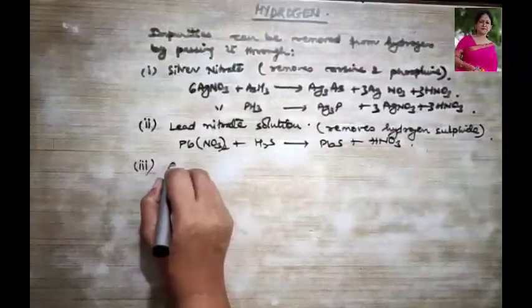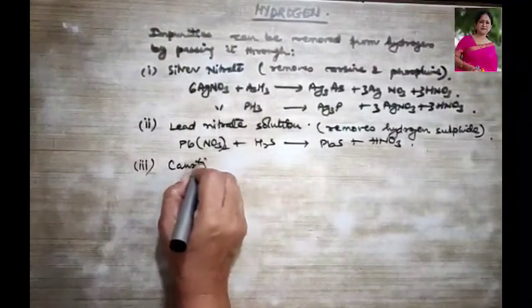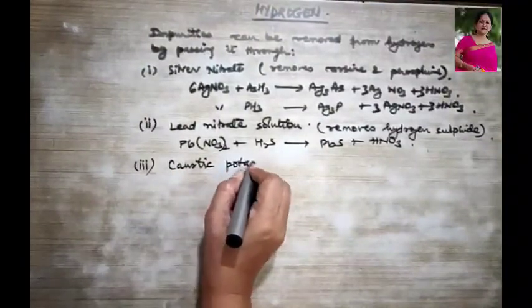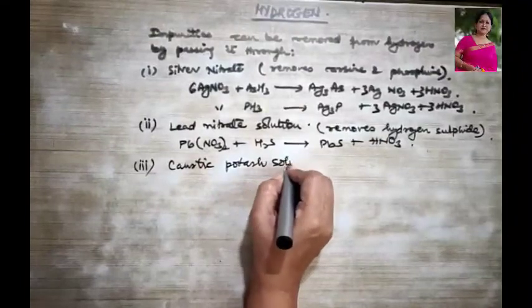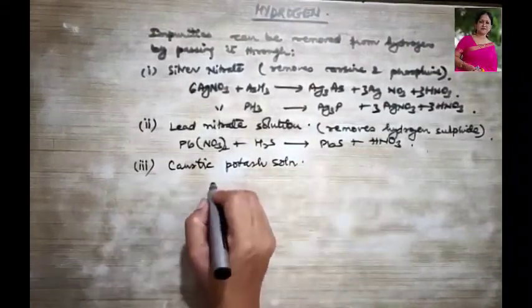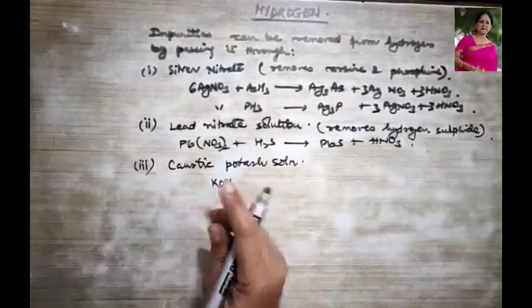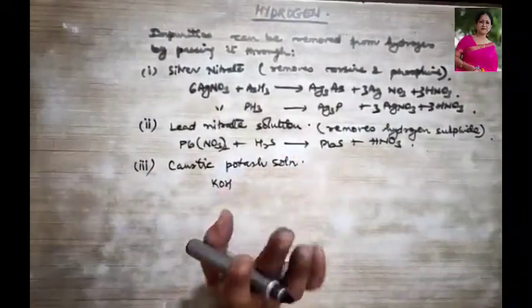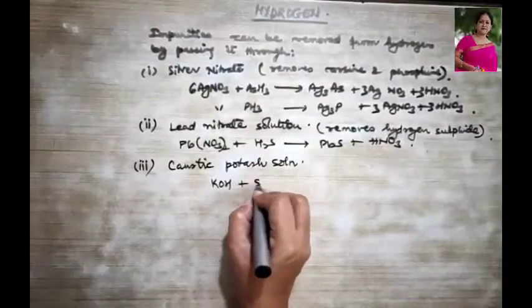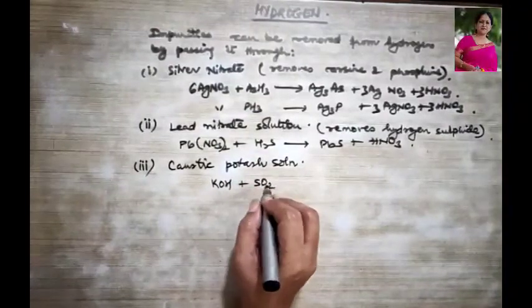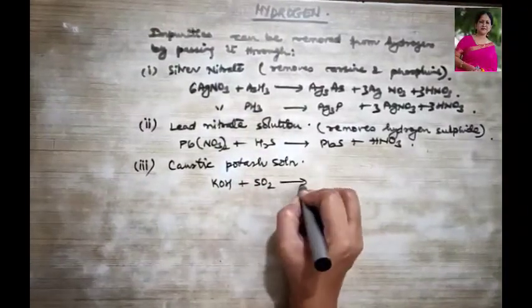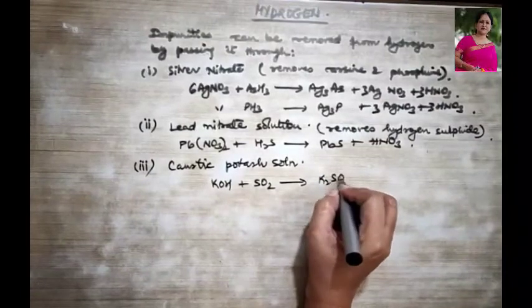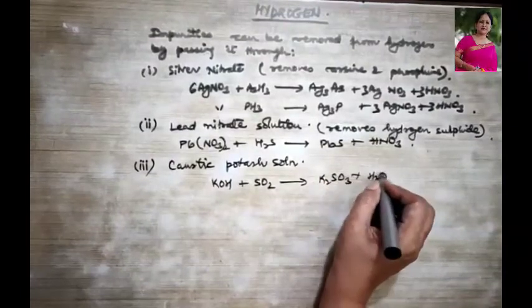Thirdly, we can use caustic potash solution. What is caustic potash solution? KOH. All the sulfur dioxide, carbon dioxide and oxides of nitrogen can be removed with this. If KOH is added, it will remove sulfur dioxide, forming K2SO3 plus H2O.